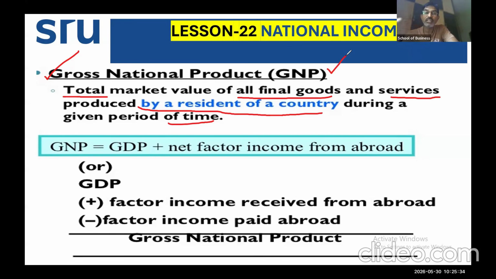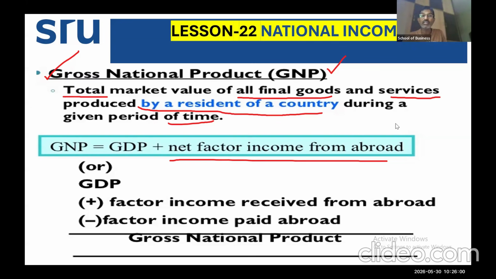And if I want to say it in a formula, GNP is equal to GDP plus net factor income from abroad. Very important. So GNP is the total value of all the final goods and services produced by the residents of a country during a given period of time.